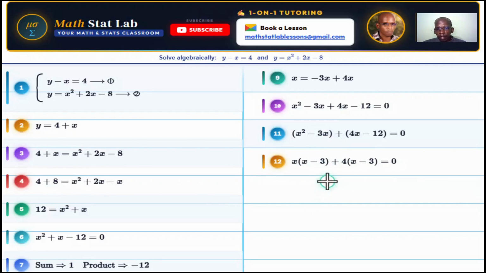So in the second one, this plus of course is this one. Then in this one, 4 is common, because if I take 4 multiplied by x, it will be 4x. Then if I take 4 multiplied by negative 3, it will be negative 12. So if 4 is common, I take it outside the brackets.